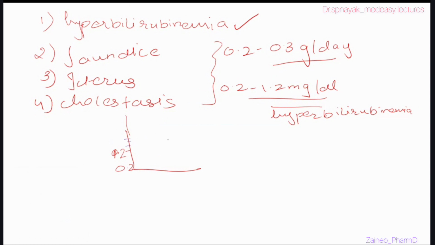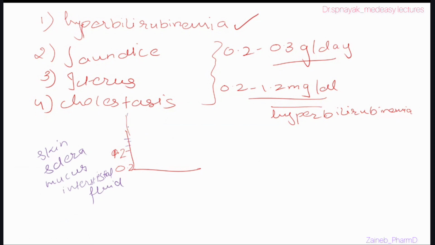the patient may not have the yellow discoloration of the skin, sclera, mucous membrane, and interstitial fluid.